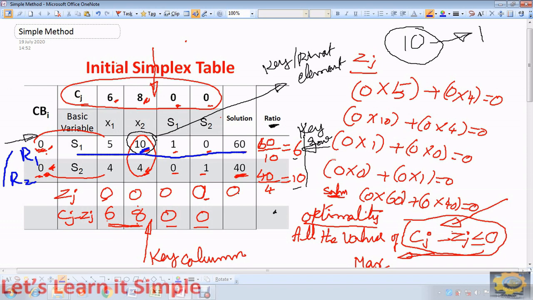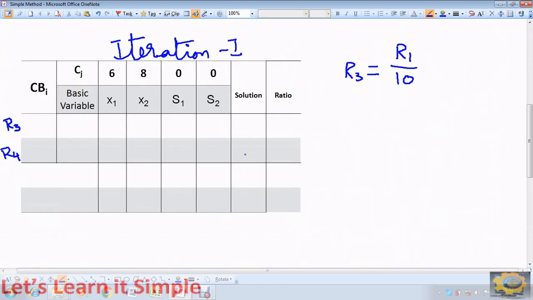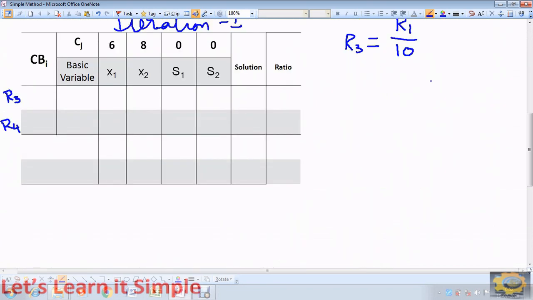If we divide each of these elements by 10, I will get 1 in the pivot element. So we have 5, 10, 1, 0, and in the solution space we have 60.